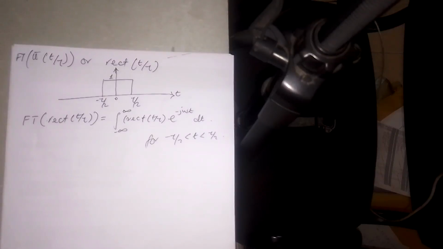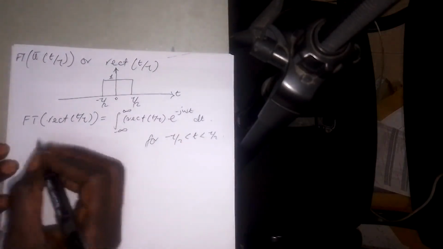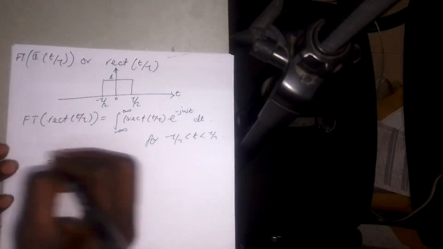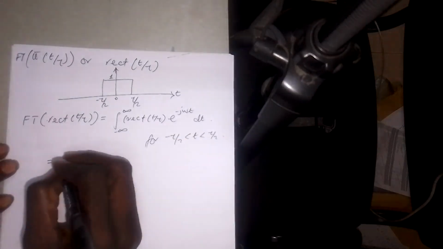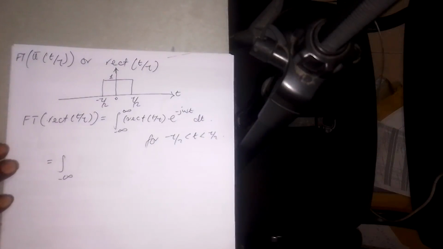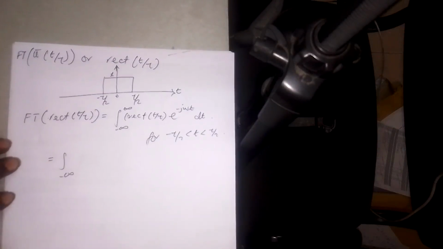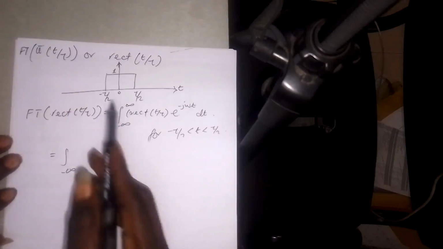Now you see that it's a square wave. It's not a square wave, sorry, it's a pulse. If it's a pulse, this part becomes 1. So I'll be left with only this one. It's not going to be minus infinity, because right now I have limits for it.